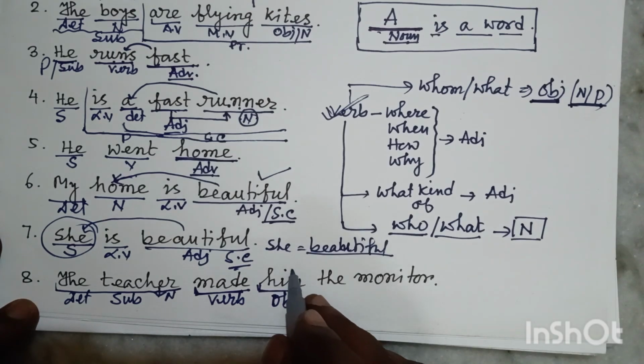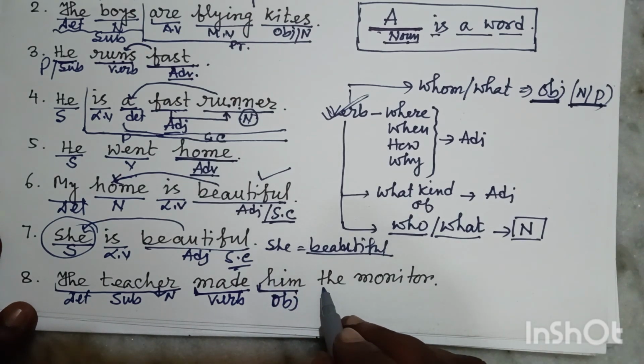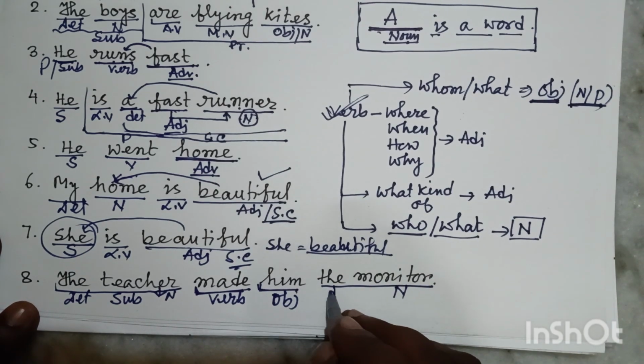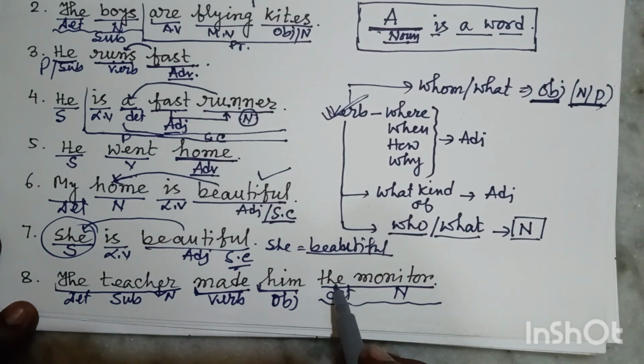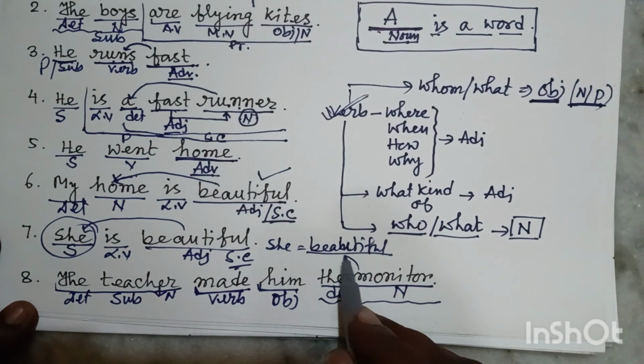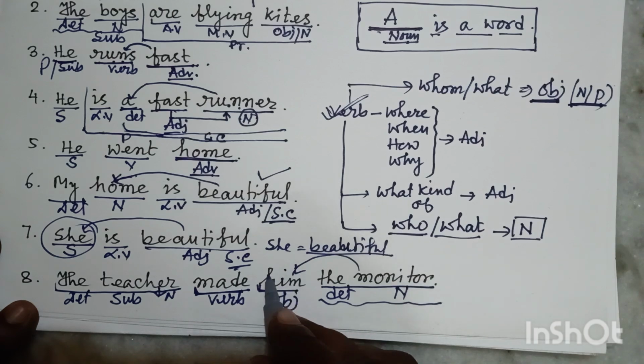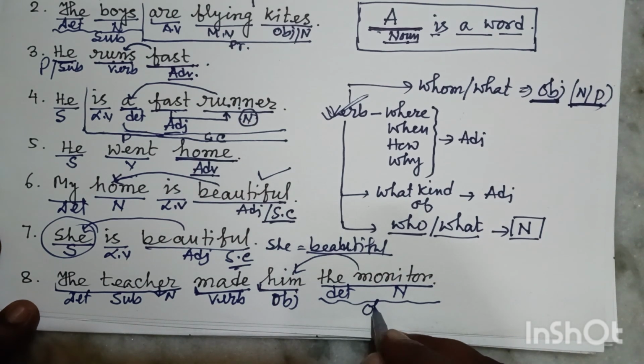So here this term is the object, and my dear friends, the monitor is the noun, and the is the determiner of this noun. This noun phrase, the monitor, is actually the complement of this object. That means the monitor and this word him, both are the same. So it is called object complement.